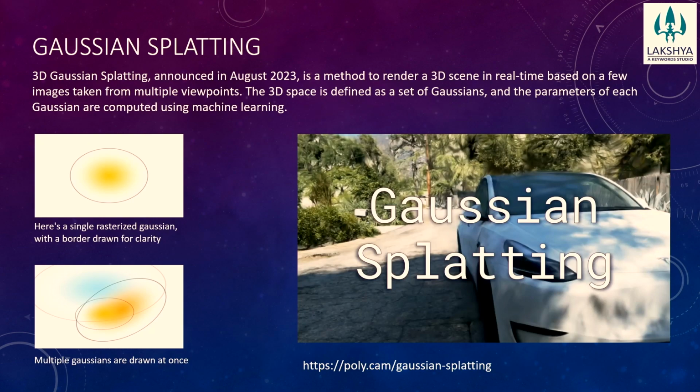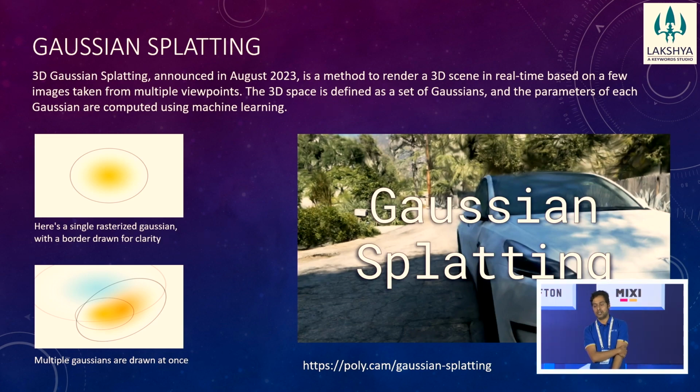Gaussian splatting is a new technology actually. It was just showcased in August at GDC, I think. I think everybody uses Photoshop and knows Gaussian blur. It's a blurred pixel, you can say, which has some area.